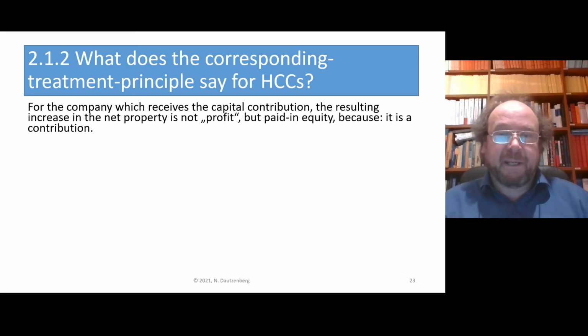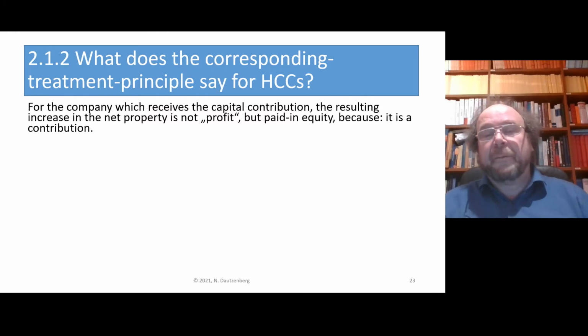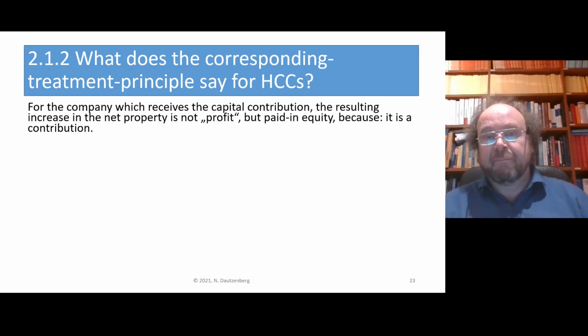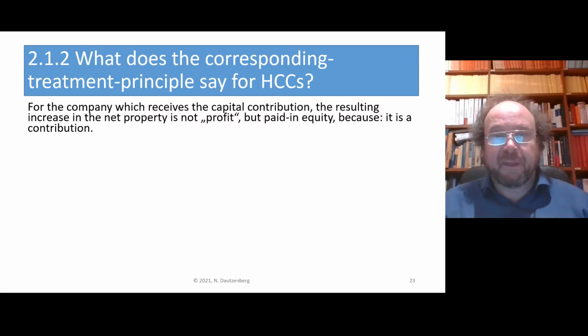Now again, by errors, this equivalence or this corresponding treatment on the two levels might get disturbed. It might be that by error, during the assessment of the shareholder, the capital contribution is mistaken for an expense. And now it might be, by chance, that the shareholder's assessment is all over and done with, although the GmbH assessment is still going on, can still be changed, happens.